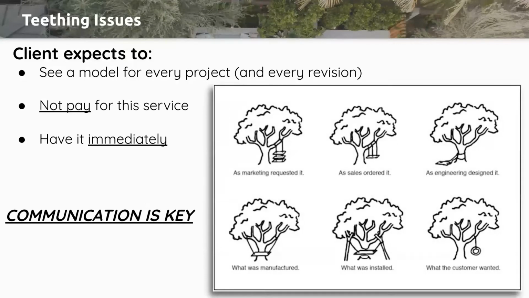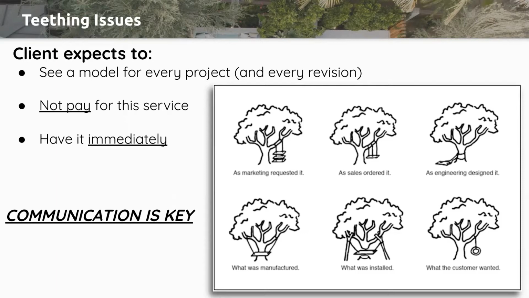I know this little diagram has floated around for a while, but it's one of my favorites because it really hones in on the lack of communication a lot of times. And if we can have these harder conversations, however hard the conversation is, I always say educate the client. They don't know what they don't know.